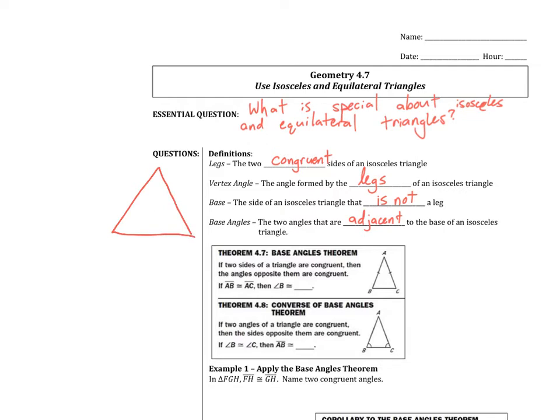So an isosceles triangle, just a little review, is a triangle that has two congruent sides. The legs are the congruent sides, so we have a leg here and a leg over here. The vertex angle is the angle formed by the legs, so this angle right here is the vertex angle.